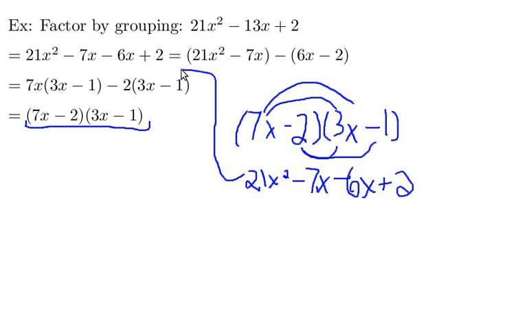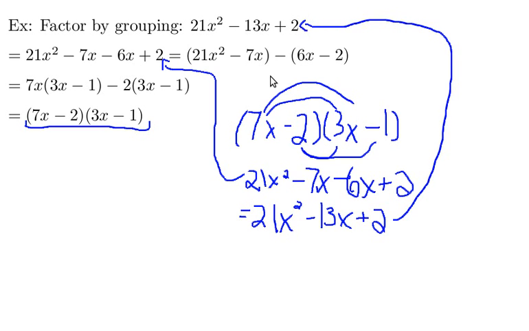So we'll have 21x squared minus 13x plus 2, and that is the same thing that we were given, so we're pretty sure we did it right. So that's going to be our final answer for this particular example.